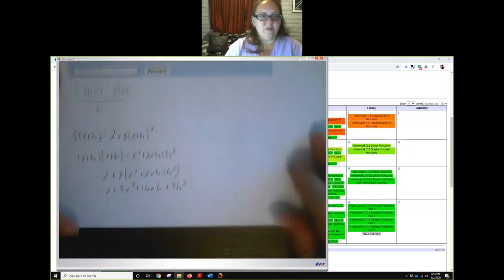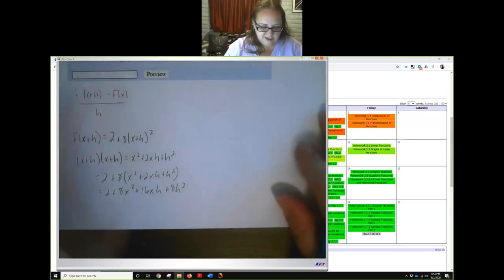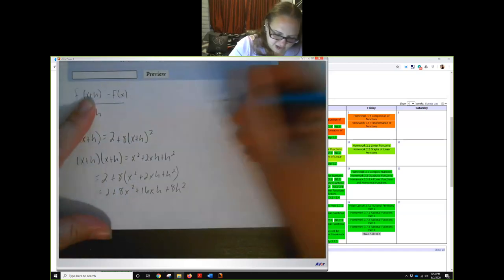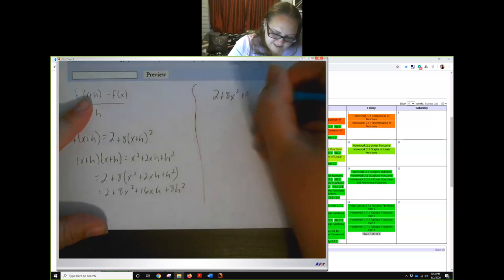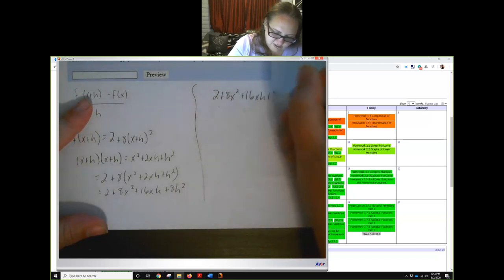Now that we know what f of x plus h is, I'm going to plug this in: 2 plus 8x squared plus 16xh plus 8h squared.